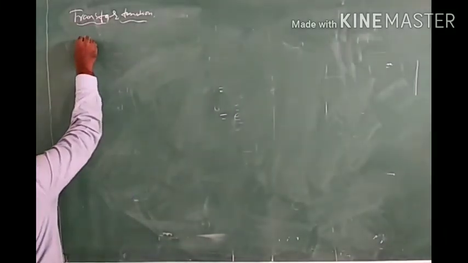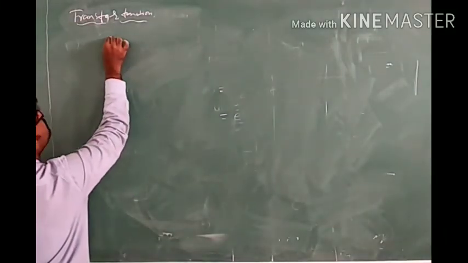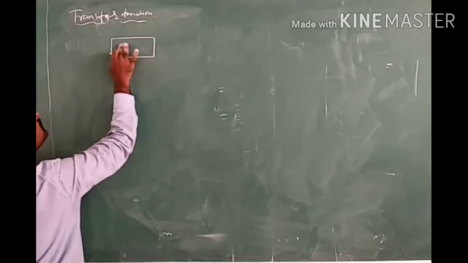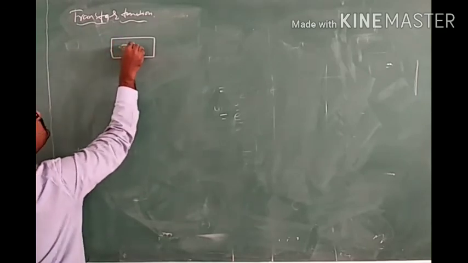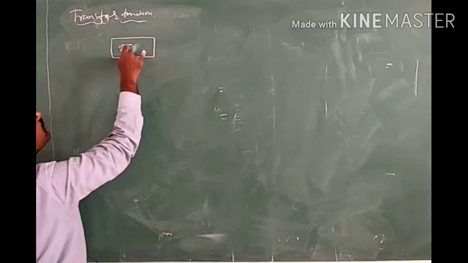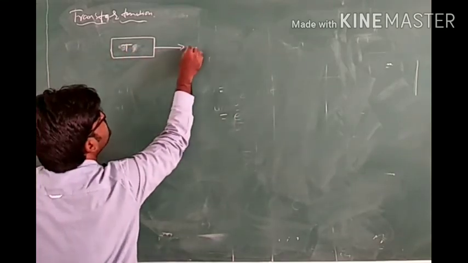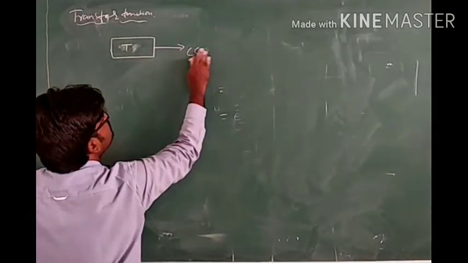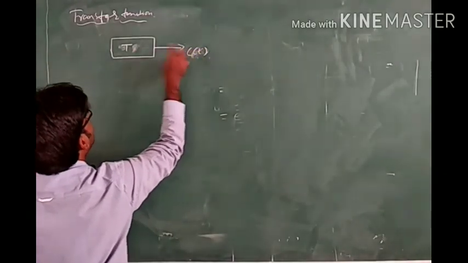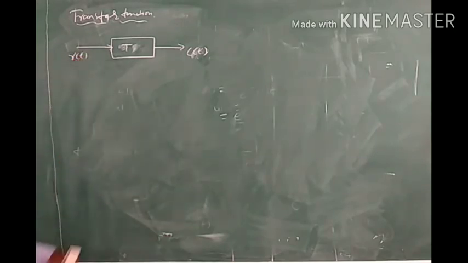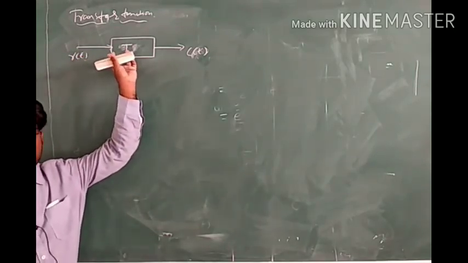See here, there is a system. You represent it with T of S. Its output is C of t, and its input is R of t. So this is the control system, a simple control system.